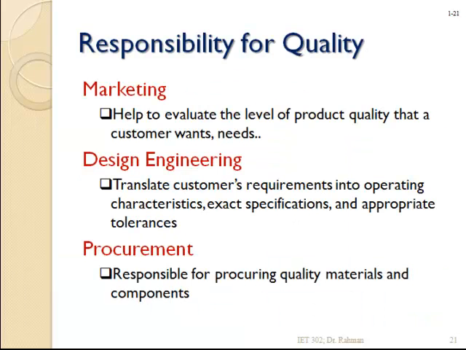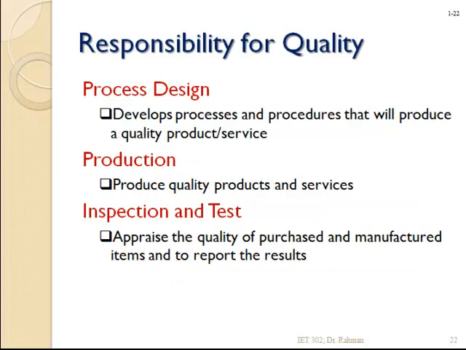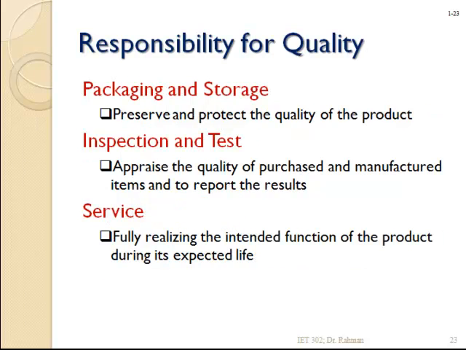Now, in the next couple of slides we elaborate some of these activities, what we mean by marketing and design, engineering, procurement, process design, production, inspection and test, packing and storage, inspection and test, and service.